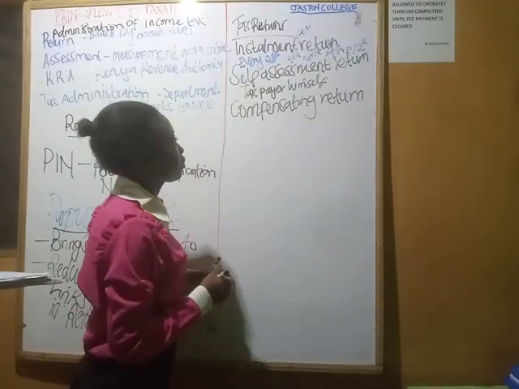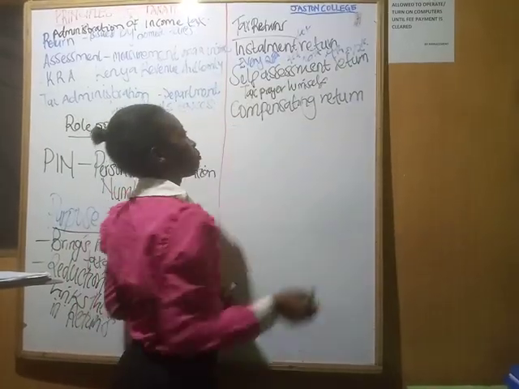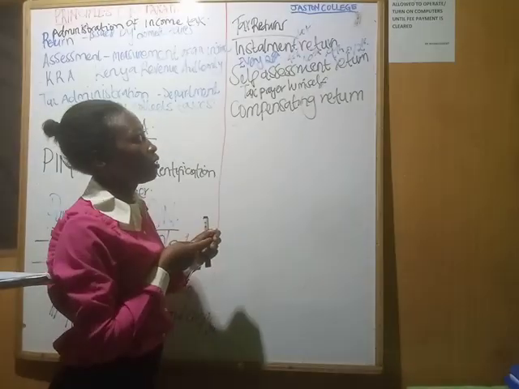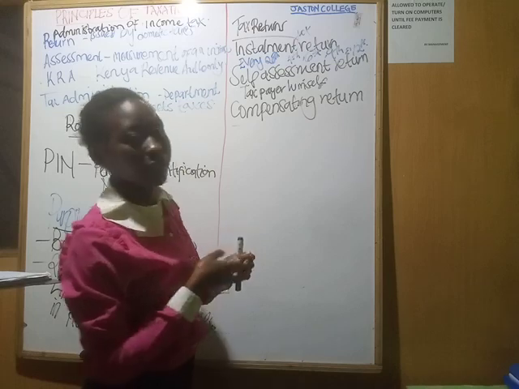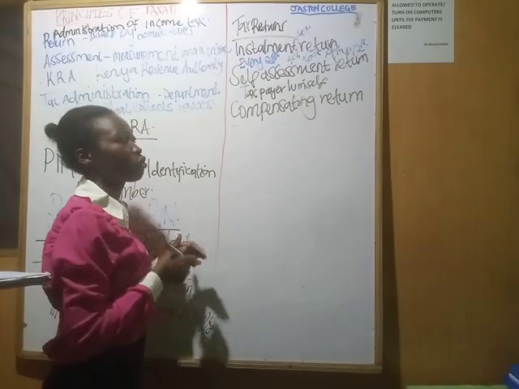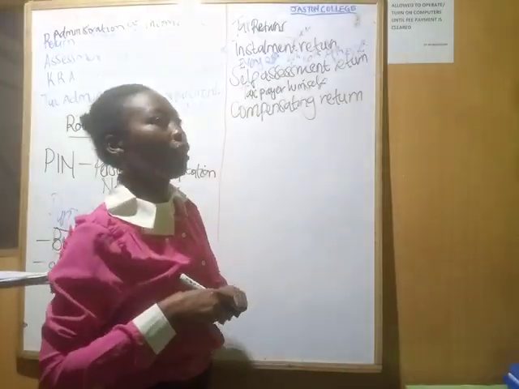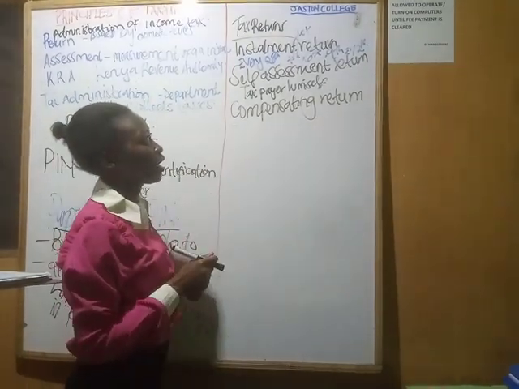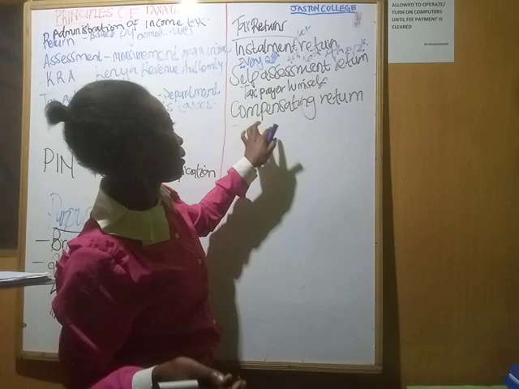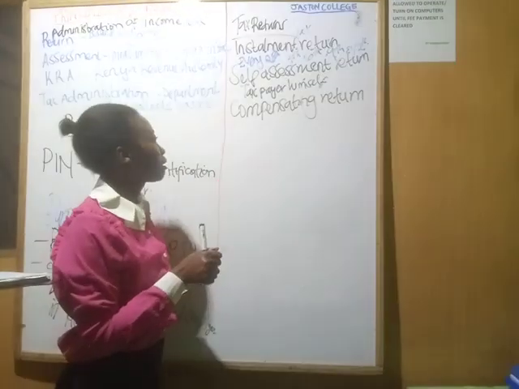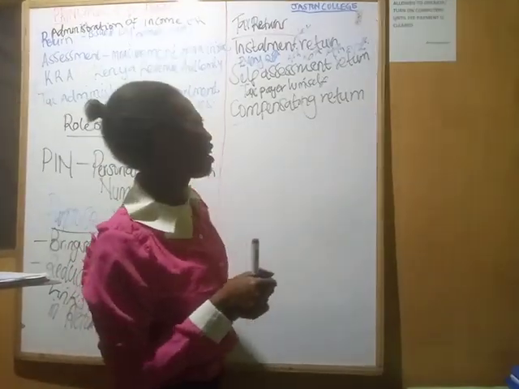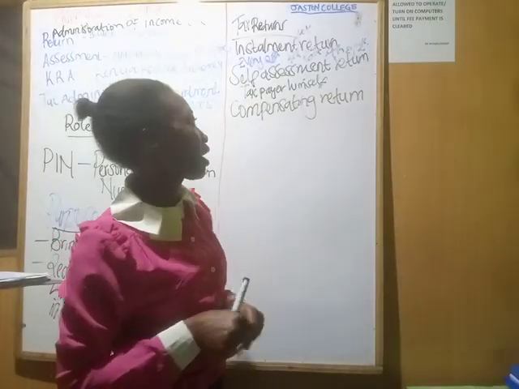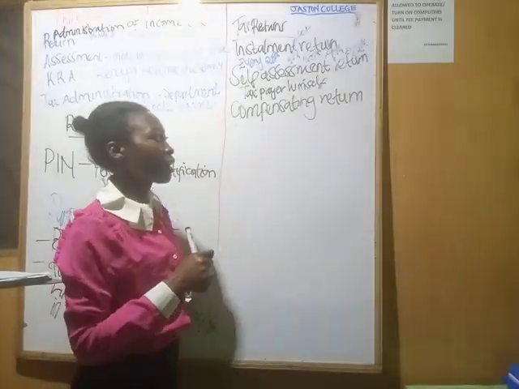So the compensating return means suppose you paid tax exceeding the taxes you are supposed to pay, or you have more input tax than output tax, you will always have a tax refundable.